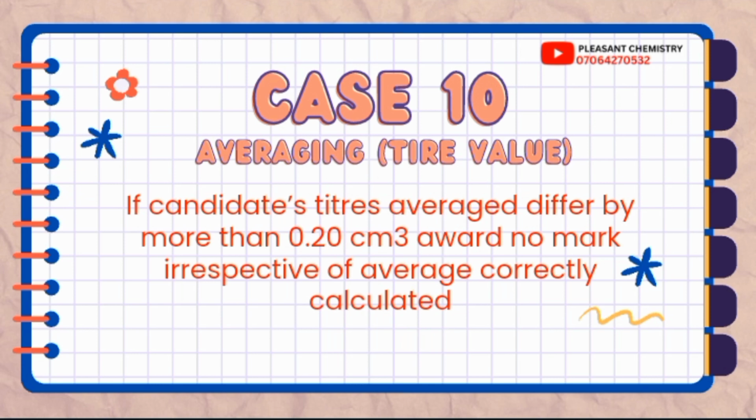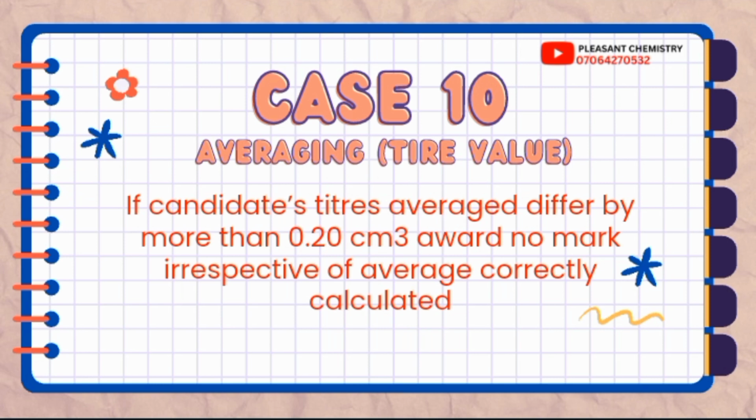Don't let it even get up to 0.20. It can be 0.15 to be on the safer side. So if your averaging is wider than that scope, it can attract a penalty.